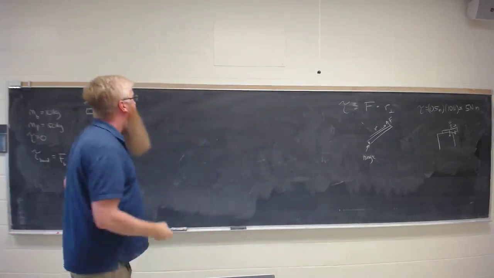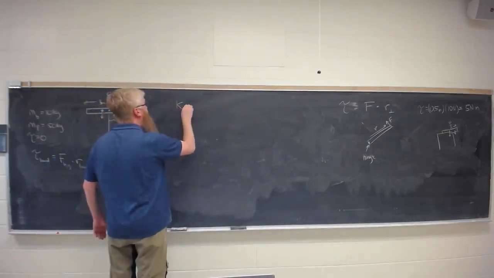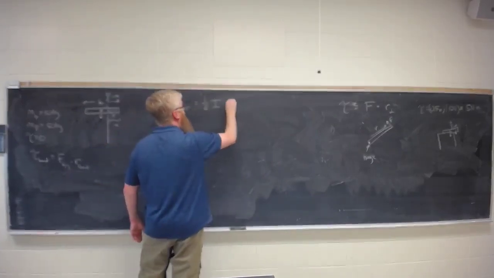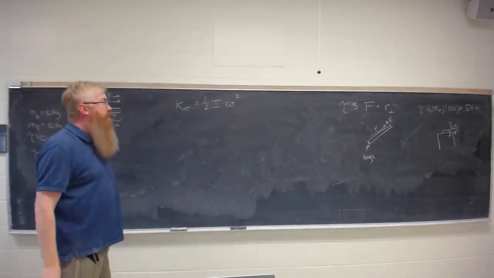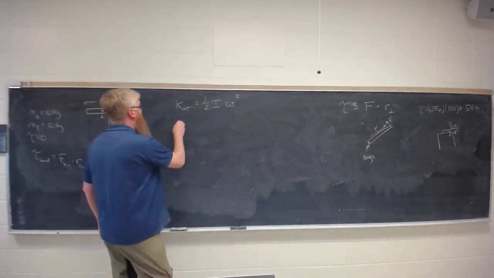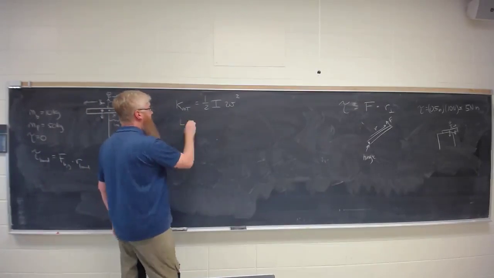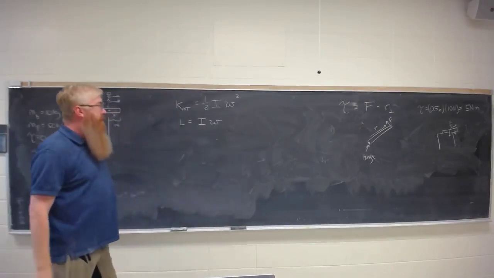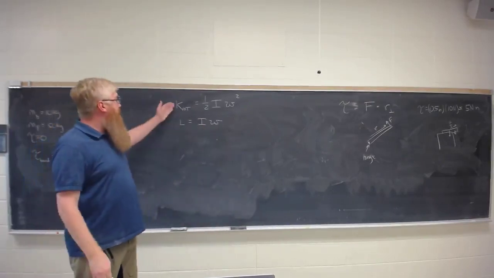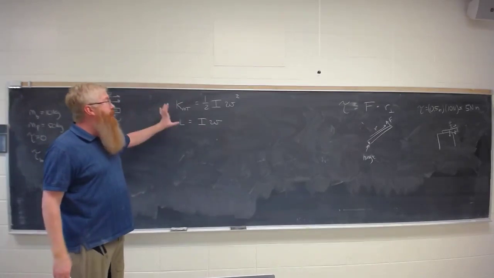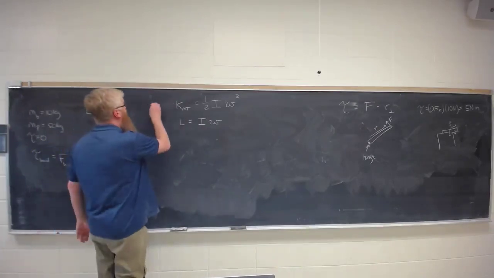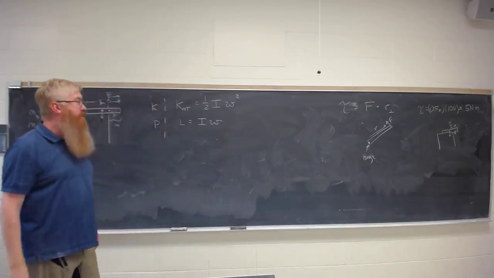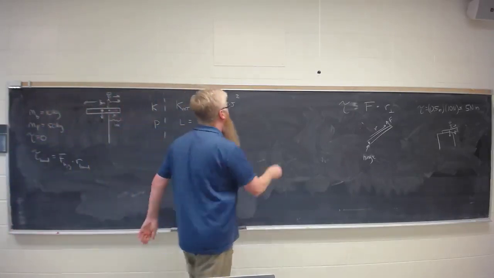For instance, there is rotational kinetic energy, which is equal to 1/2 times the moment of inertia times the angular speed squared. There is angular momentum, which is moment of inertia times the angular speed. So there are equations that deal with the rotational analogs of linear kinetic energy and linear momentum. The thing to note is, what is moment of inertia? I.